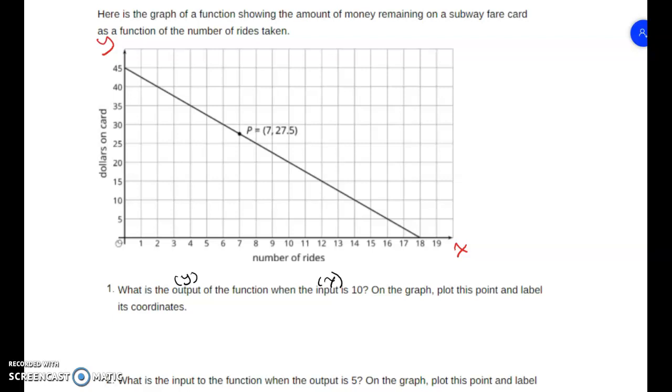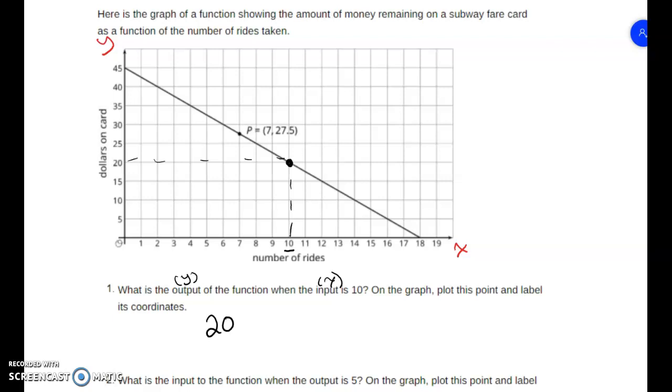So what you had to do is go over on your x-axis to 10. You had to go straight up and see that there's a point there that hits my graph. Well, you had to go all the way over to the y-axis to see what that output is, which is 20. Now, if you just put 20, you are going to get a red, because 20 what?